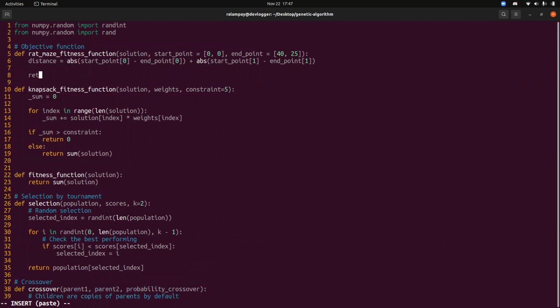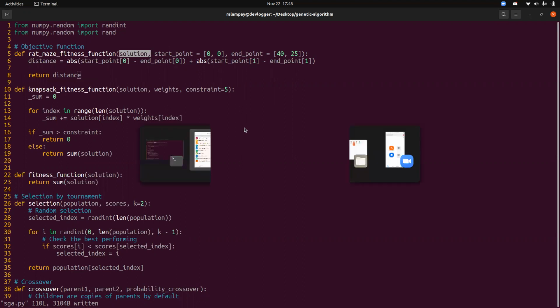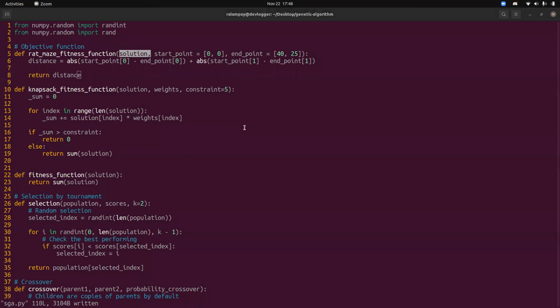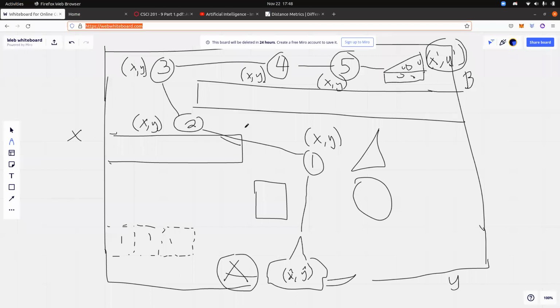And why do we want this? Because the purpose of an objective function is to return a score given some solution from start point to end point, at least in terms of the rat maze problem. But what we are not considering here in the distance will be the solution. And the hint is the solution should be a 5-step coordinate to cheese. In 5 steps, I need to reach the cheese.